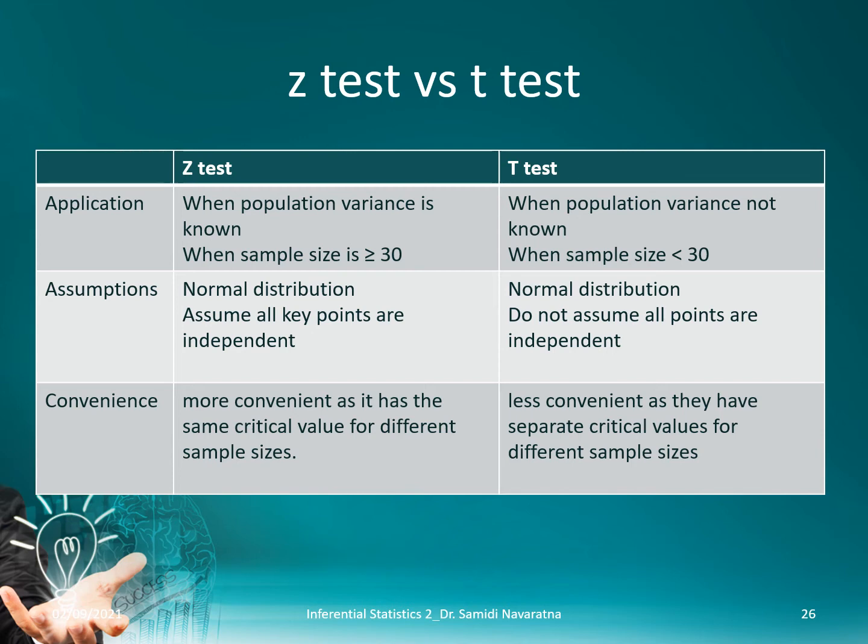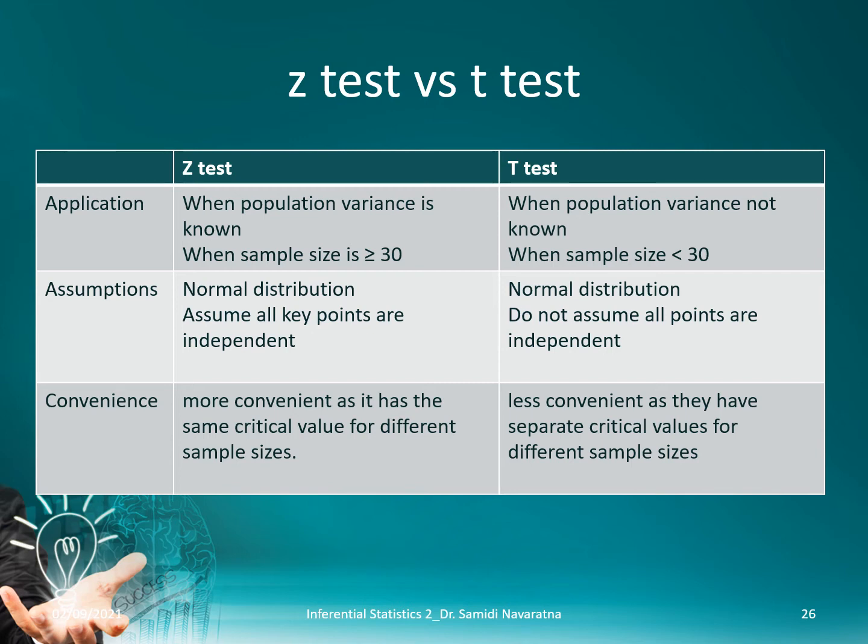So what are the assumptions? Both tests assume an underlying normal distribution, but the Z-test also assumes that all data points are independent, whereas the t-test does not assume all points are independent at all times. As for convenience, the Z-test is more convenient as it has the same critical value for different sample sizes.